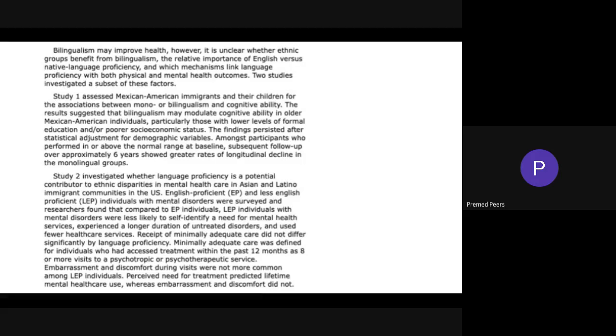Receipt of minimally adequate care did not differ significantly by language proficiency. Minimally adequate care was defined for individuals who had accessed treatment within the past 12 months as 8 or more visits to a psychotropic or psychotherapeutic service. Embarrassment and discomfort during visits were not common among LEP individuals. Perceived need predicted lifetime healthcare use, whereas embarrassment and discomfort did not.